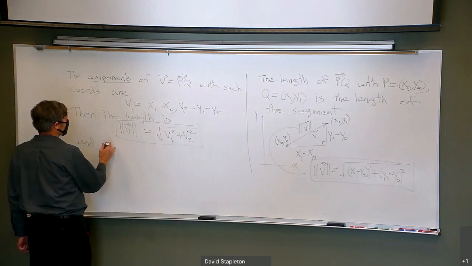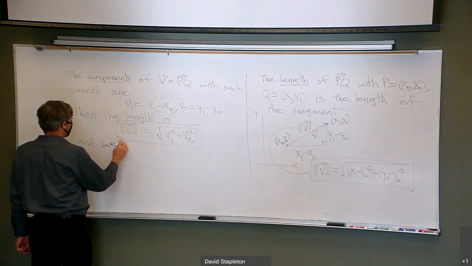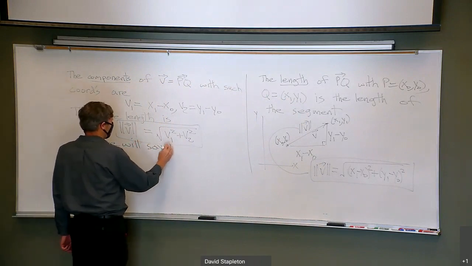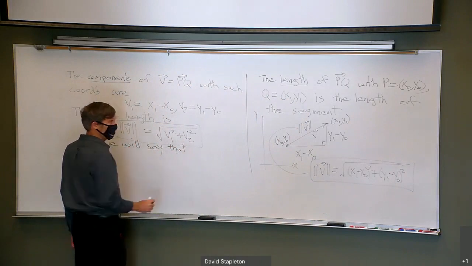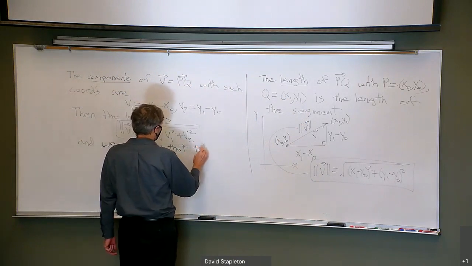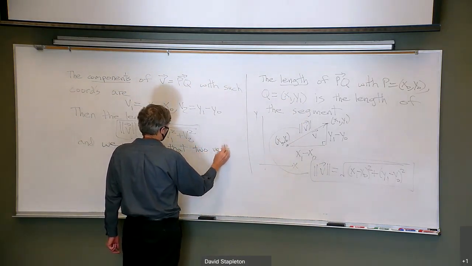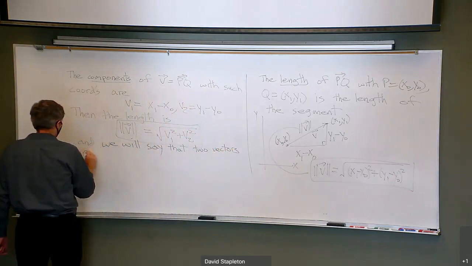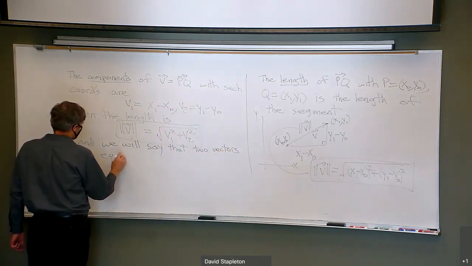And we will say that two vectors in the plane, regardless of where they're placed, are equivalent, or equal, if they have the same components.